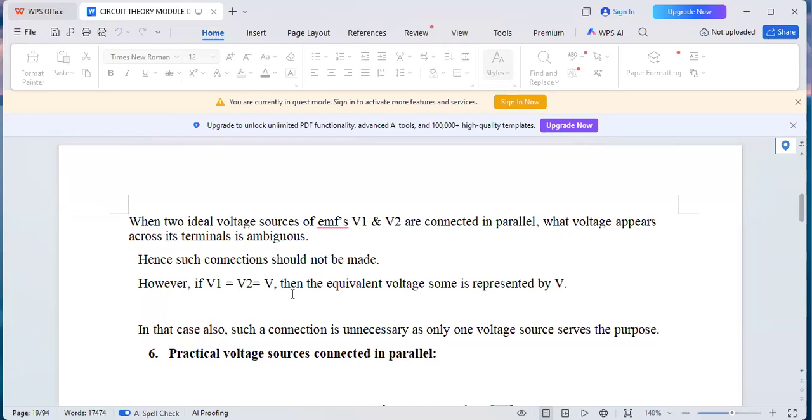Then they put that 24 in parallel. Let's say one 12 volt battery produces a current of 13 amps. Then you add another battery in series with it, it will still maintain the 13 amps, but the voltage will now become 24 volts.